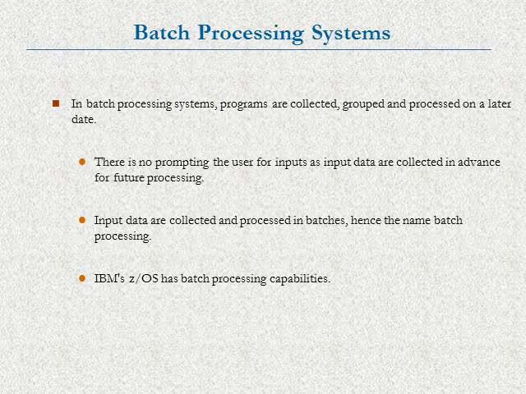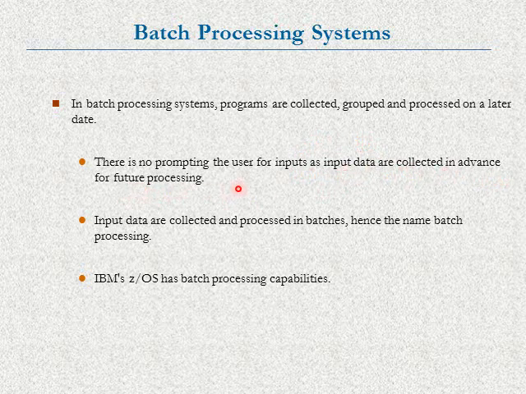And then we have operating systems that work in batch processing. Usually, users don't have any control over when a process is executed. Rather, user information and input data are collected in advance for future processing.